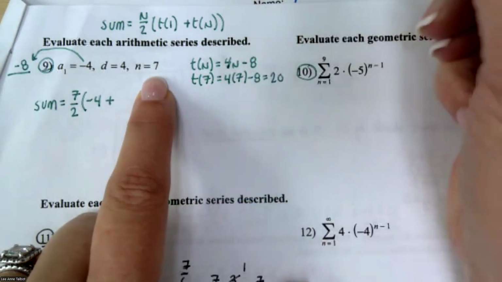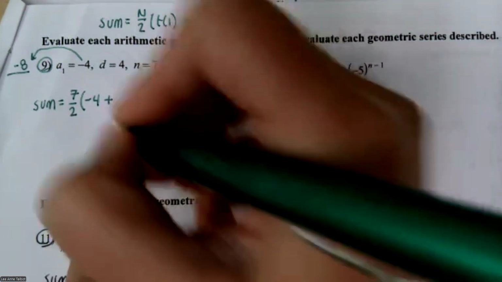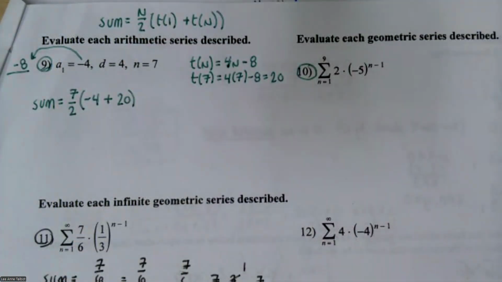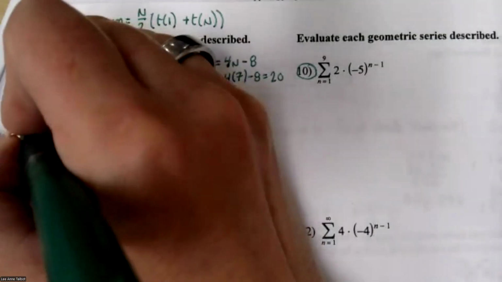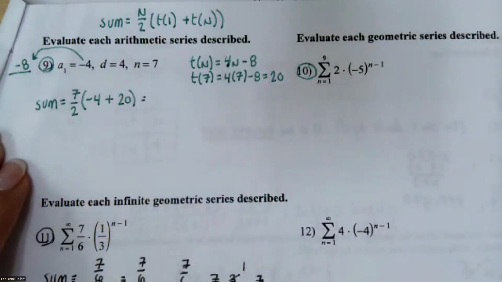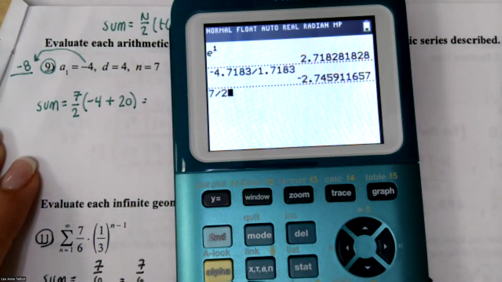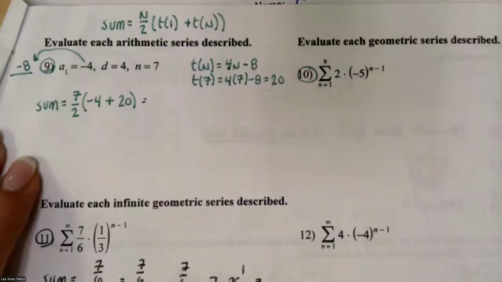Why are you faster than me this morning? That's impressive. 56.